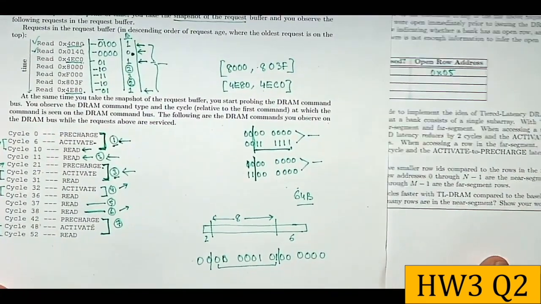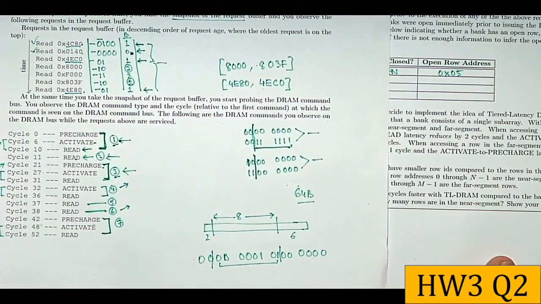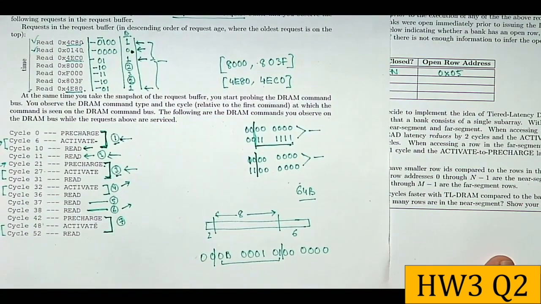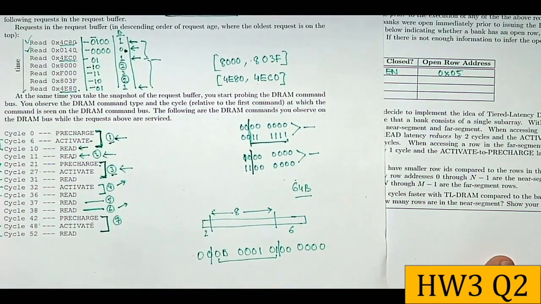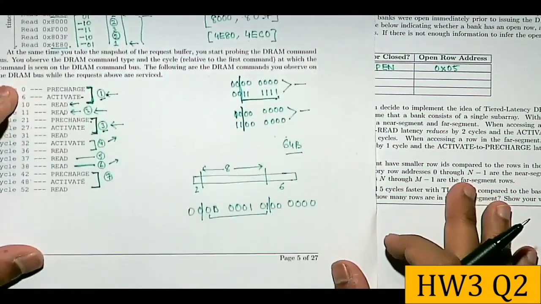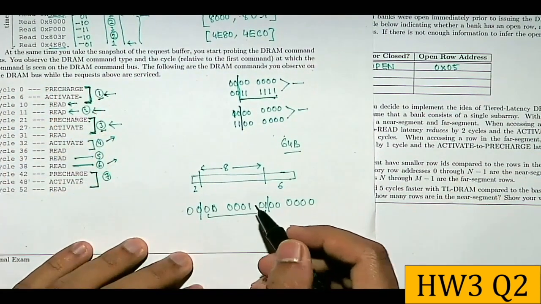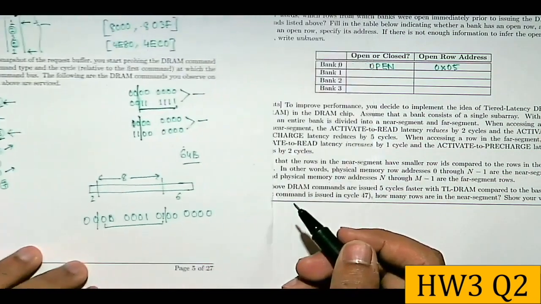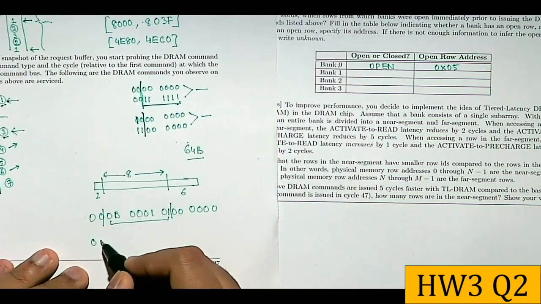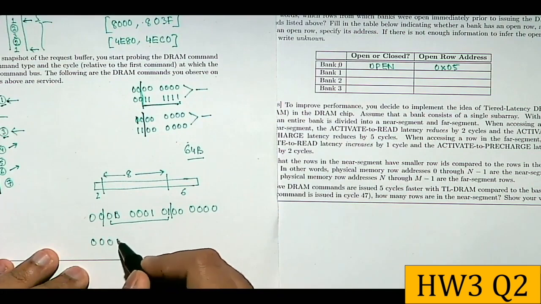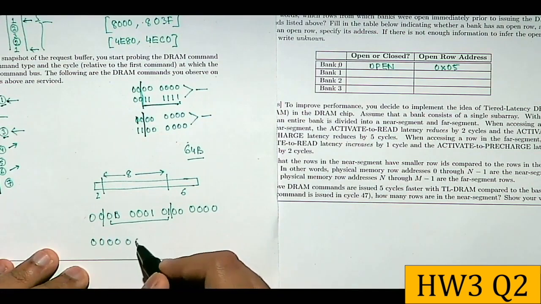Is it not also acceptable to write the memory address of the first addressable byte? Yes, you're right. Then it should be 0 0 0 0 0 0 0 1.